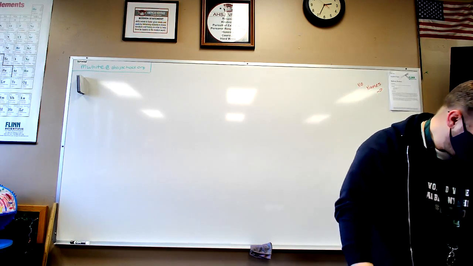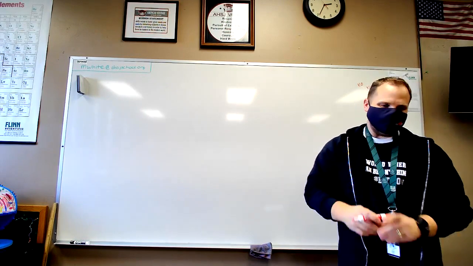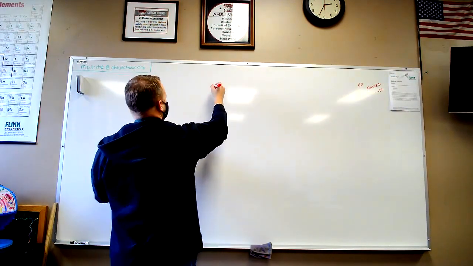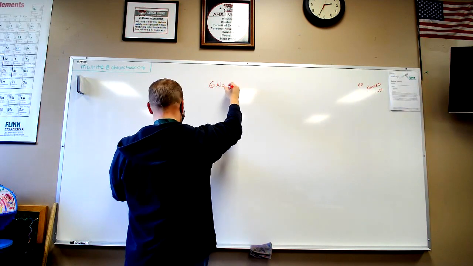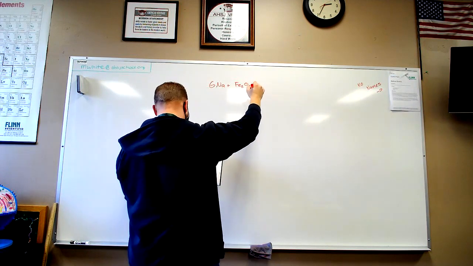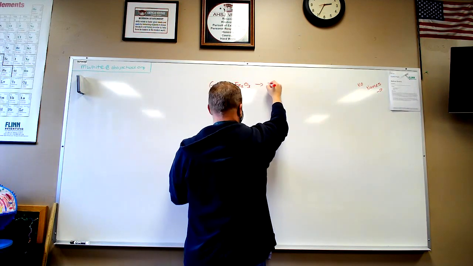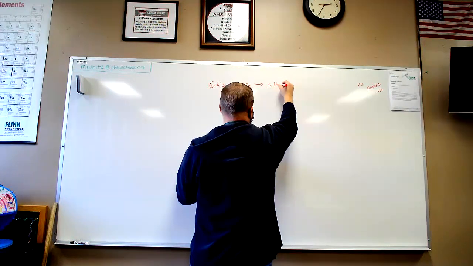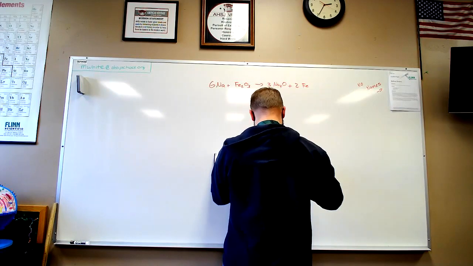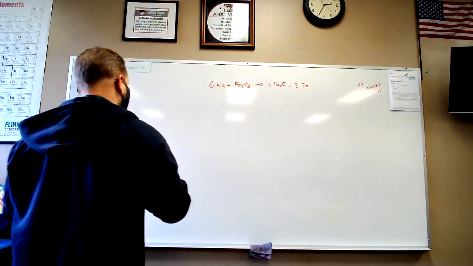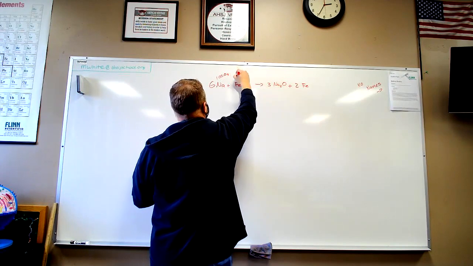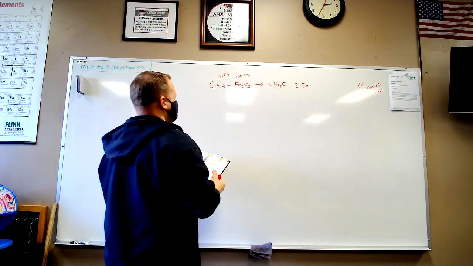So it gives us the balanced equation. And we always like it when it gives us the balanced equation because that saves us a little bit of time. And it tells us we have 100 grams of each.